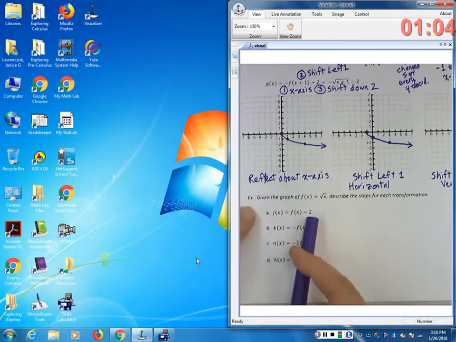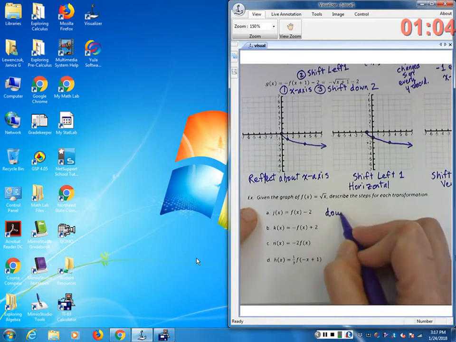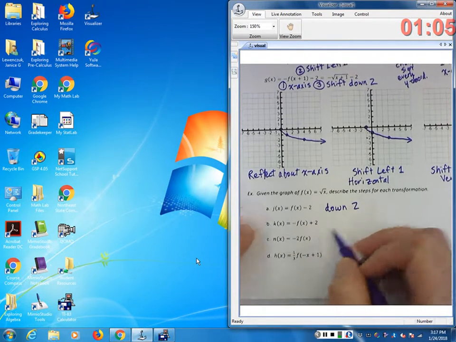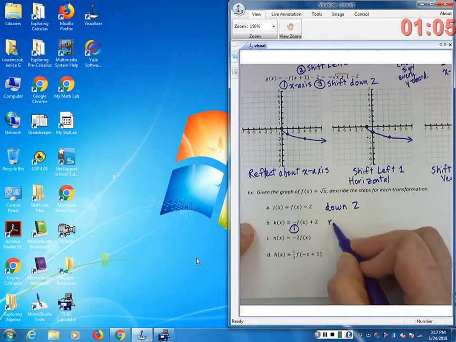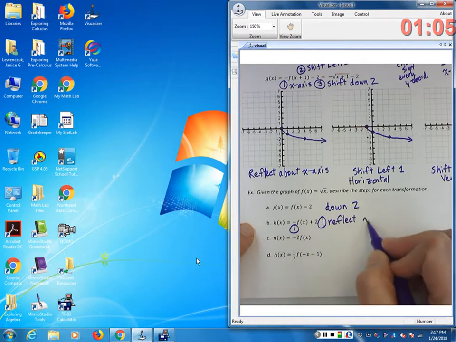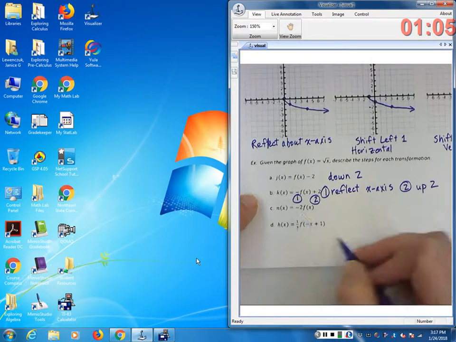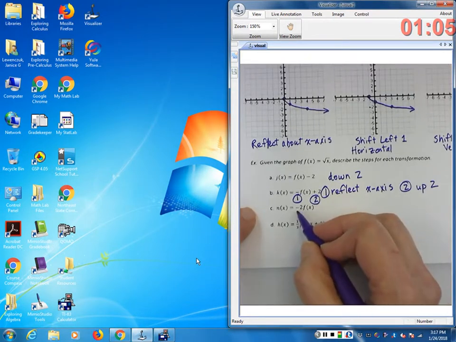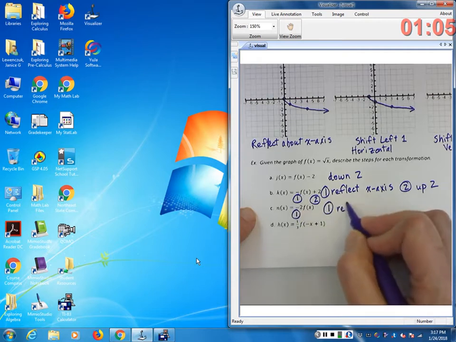What are we doing here? We're going down 2 units. Here, we're going to reflect about the x-axis, and then we're going to go up 2. Here is a reflection again about the x-axis.